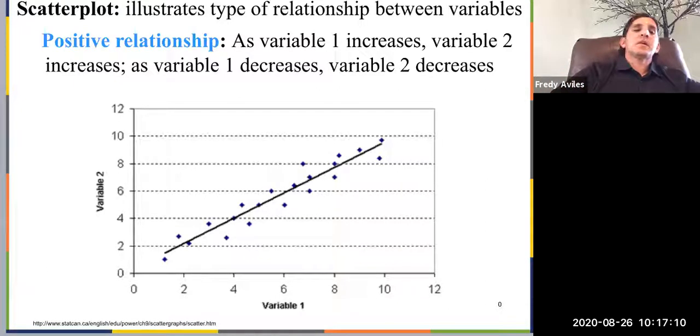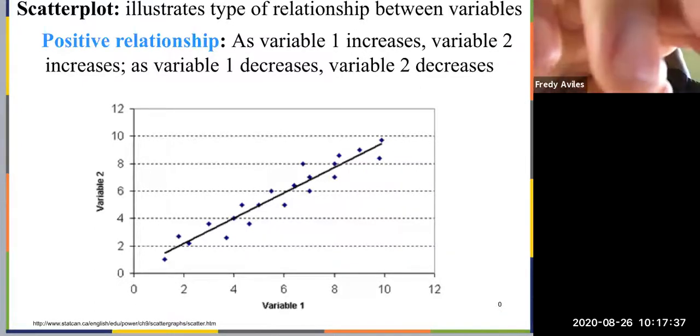And right here, when variable 1 is about 1, variable 2 is 1. So the point about positive relationships is that if one number is high, the other is also high. If one variable is low, the other one's low. So that's what we mean by a positive relationship. And I'll give you some examples in a bit so you understand.